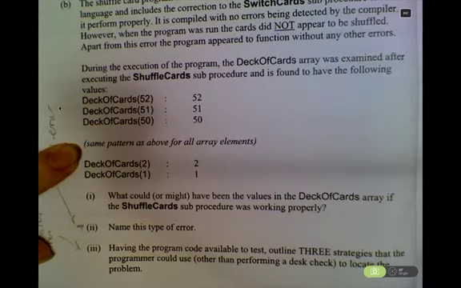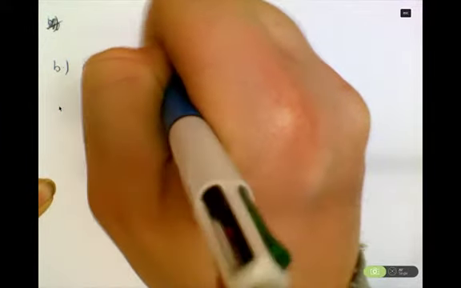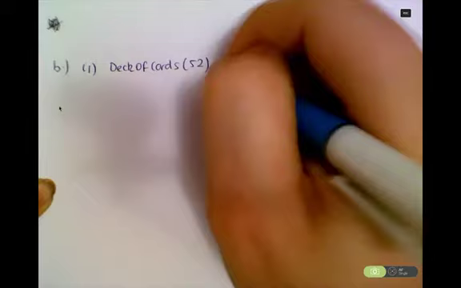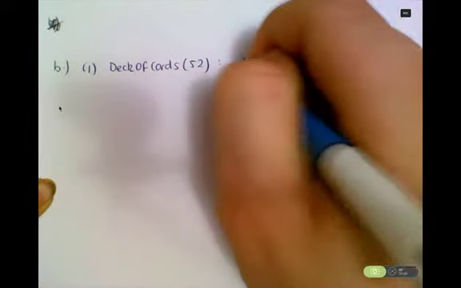So the answer for B1, and as I said it's quite confusing considering its simplicity, would be something like deck of cards 52 ... 13.